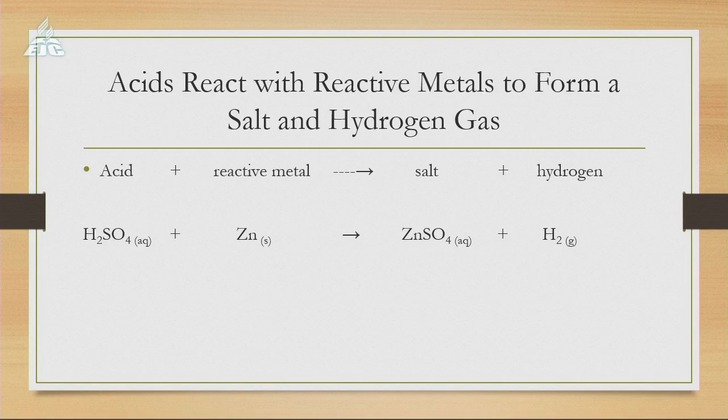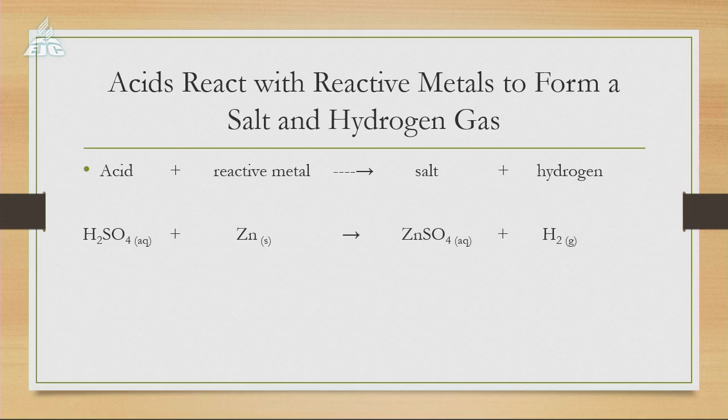The acid, being the proton donor, passes on its hydrogen, and the zinc, being more reactive than hydrogen, displaces hydrogen and leaves it out in the cold, and the zinc forms a bond with the sulfate, forming the salt.